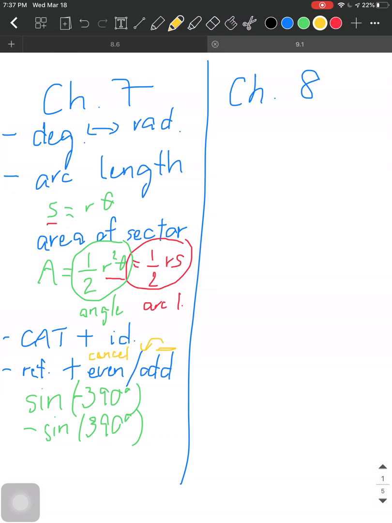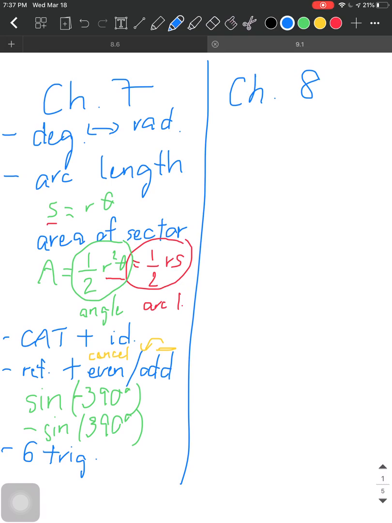Okay, and the next big topic that we learn is how to figure out the value of the six trig functions using right triangles. I believe that you guys are really good at this one already, but let's say, for example, I give you something like sine of theta equals 1/2, then you have to draw the right triangle in the right quadrant given some condition.